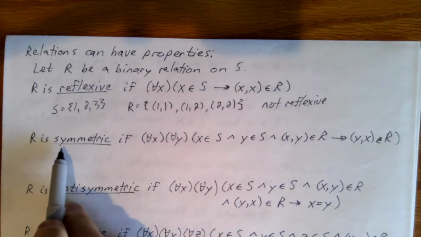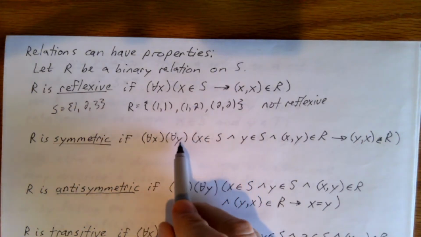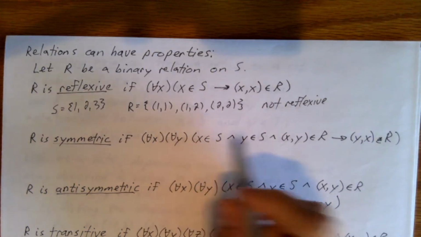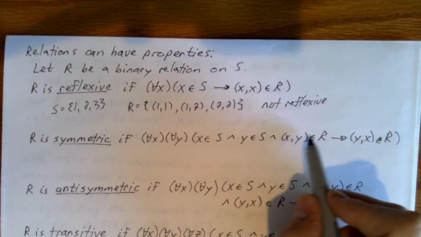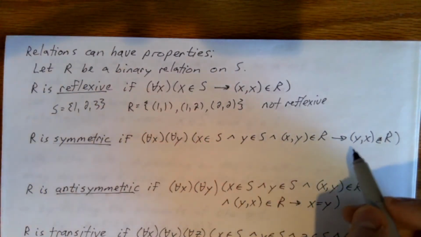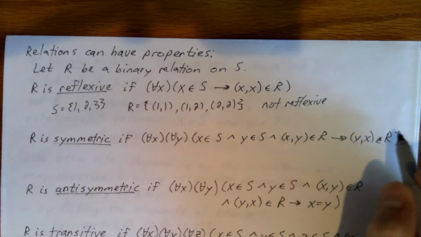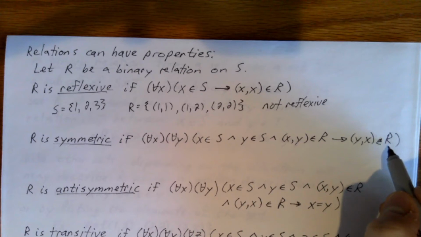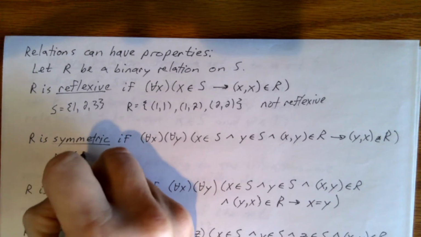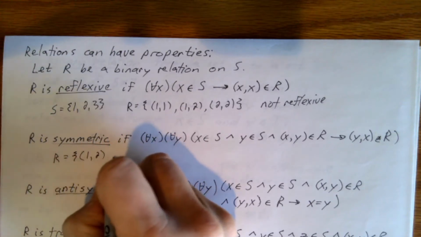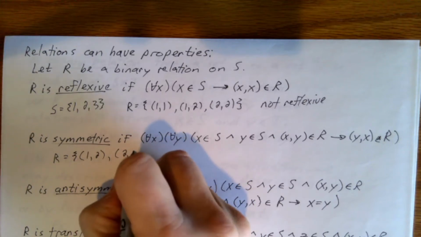R is symmetric when, for all x and for all y, x is an element of S and y is an element of S, and (x,y) is an element of the relation, then that implies that (y,x) also has to be an element of the relation. So let's say we have R like this: (1,2) and (2,1).